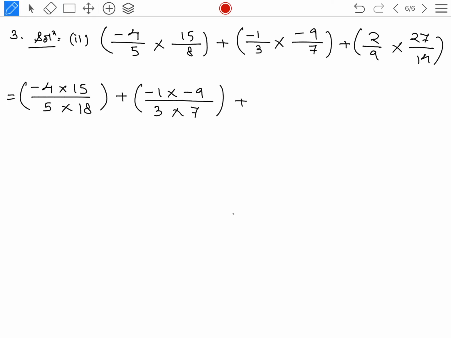Next, what is given, 2 into 27 divided by 9 into 14. One step is done.